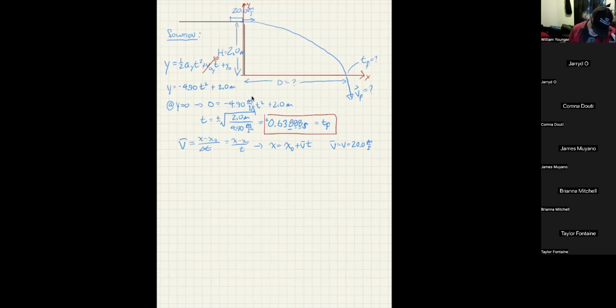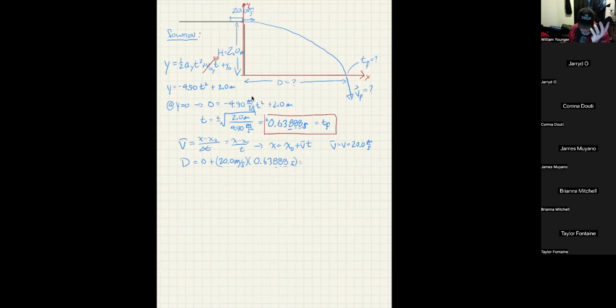Okay, so now we can get that D is equal to, notice our initial x position was 0, plus now our velocity, 20.0 meters per second, times 0.63888 seconds.